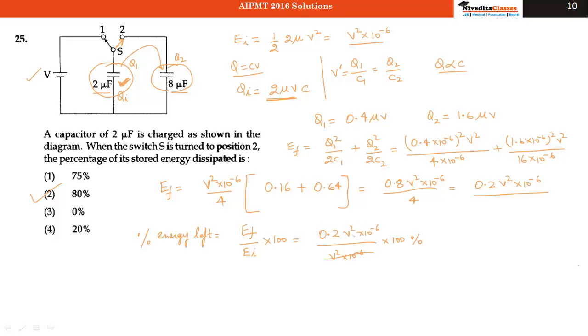V square into 10 raised to power minus 6 cancels out, so we are left with only 20% energy. Or we can say that the percentage energy dissipated during the process is equal to 100 minus 20, that is 80%. So option 2 is our correct choice. Clear?